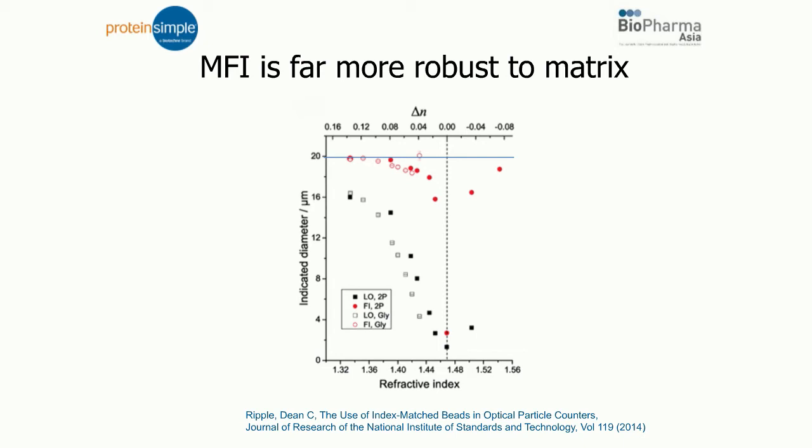And this has really been an important characteristic of the technique because, similar to this situation of a low refractive index difference between the particle and the solution, many protein particles are highly translucent and have a low difference in refractive index between the particle and the matrix.